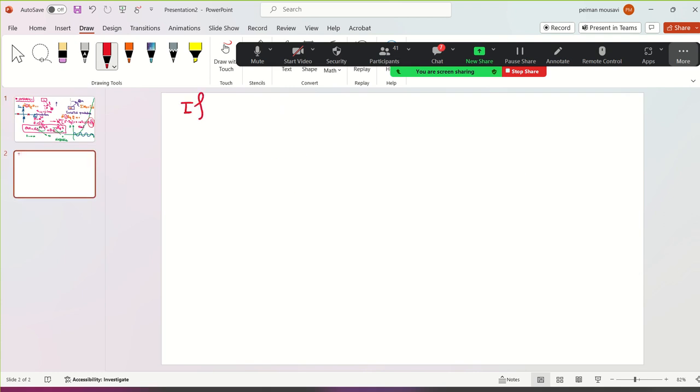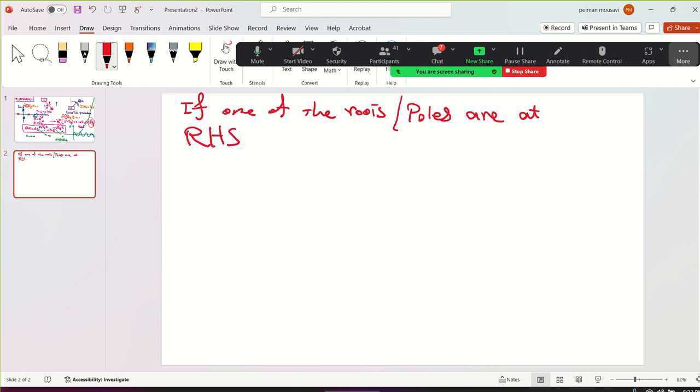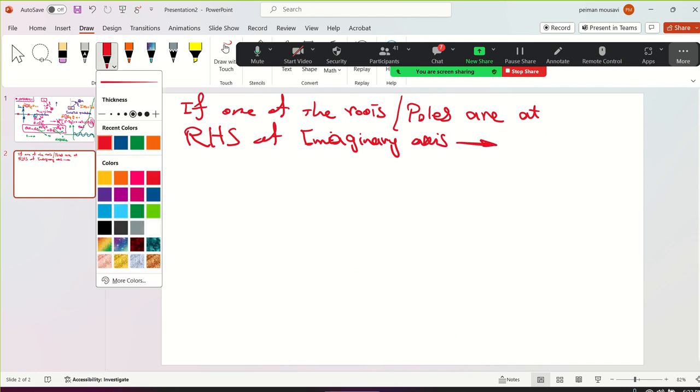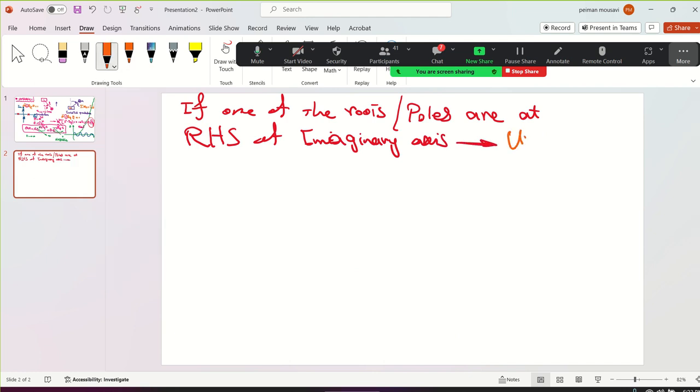If one of the roots, later we're going to name them poles, is at the right hand side of the imaginary axis, your system is what? You tell me. Unstable.